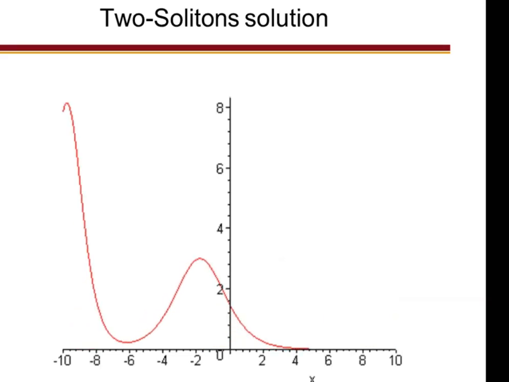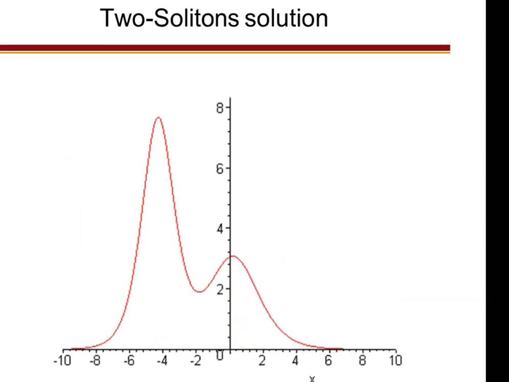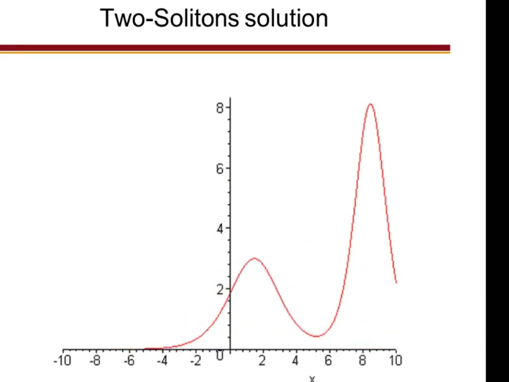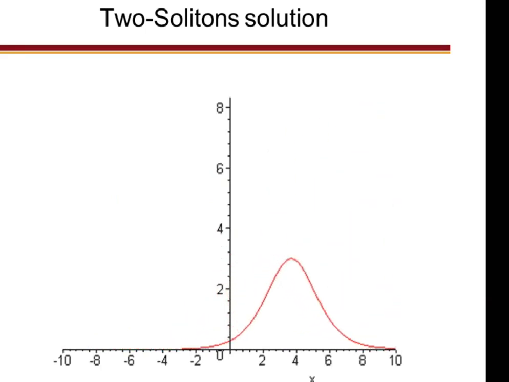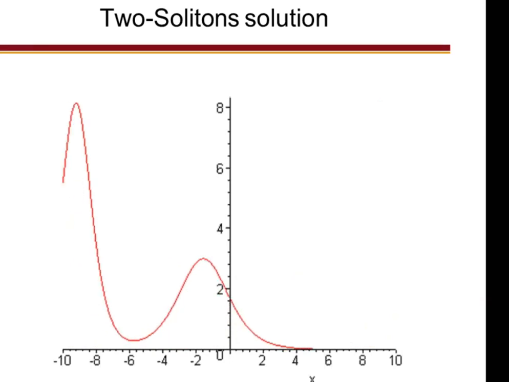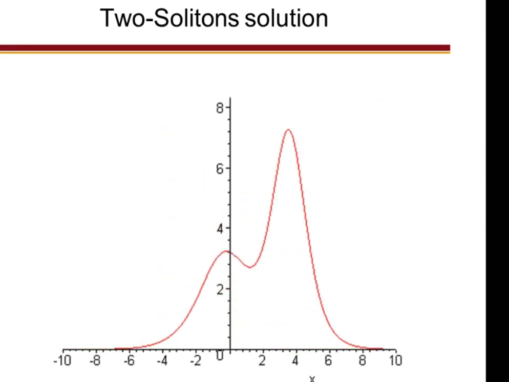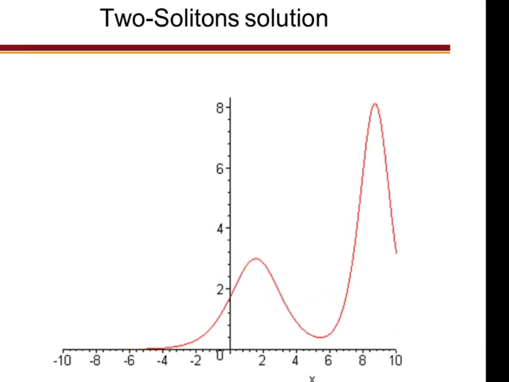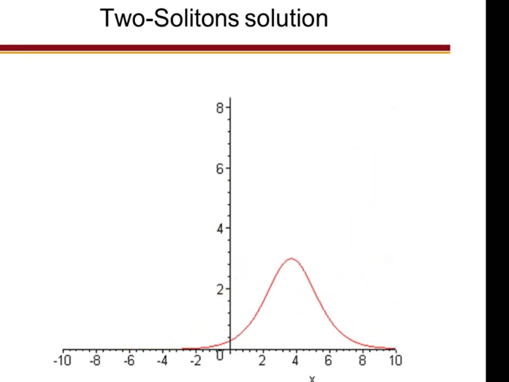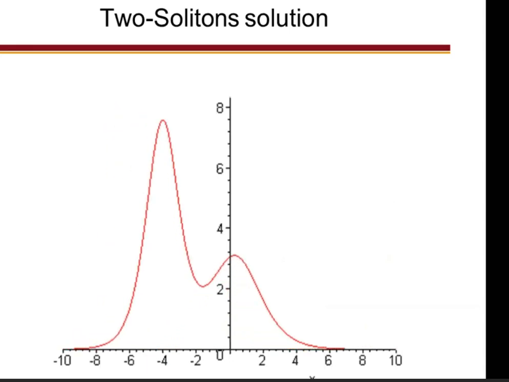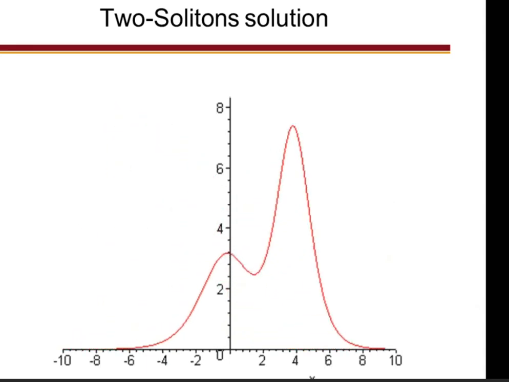You see that of these two waves, one has high amplitude, another has low amplitude. High amplitude means it has a high velocity, and low amplitude means it has a low velocity. So the high velocity one, after meeting the low one, will move away faster.